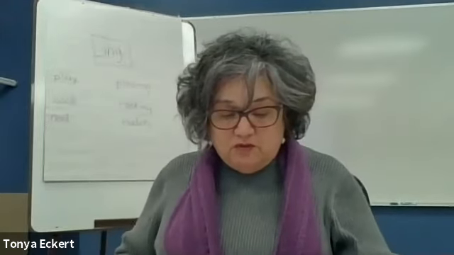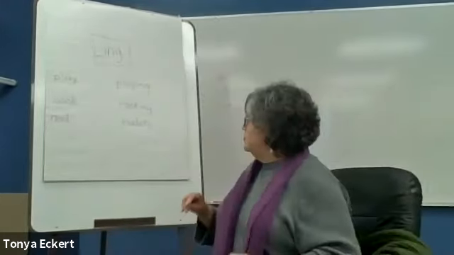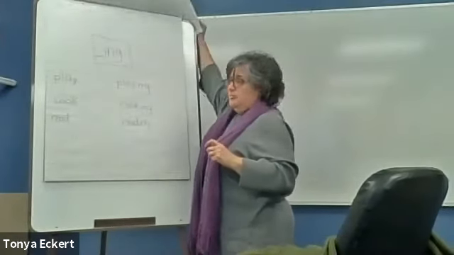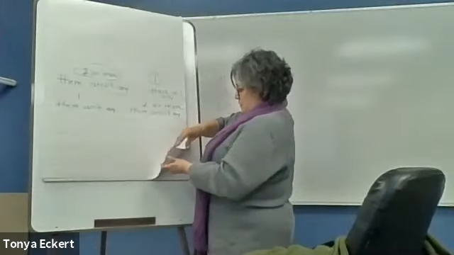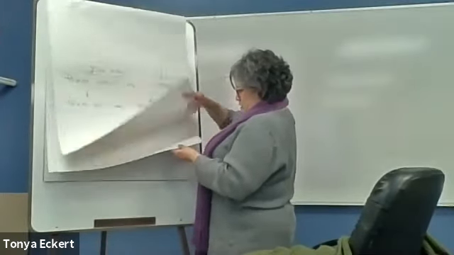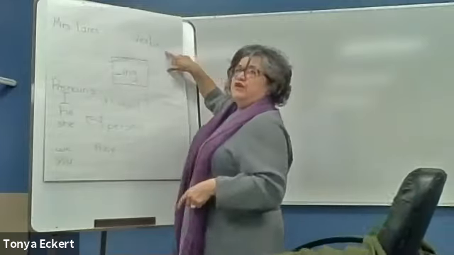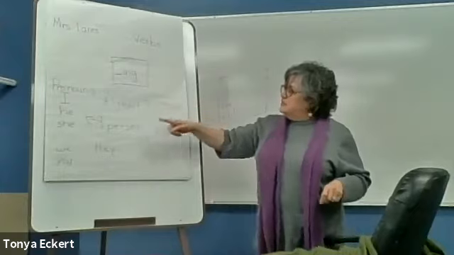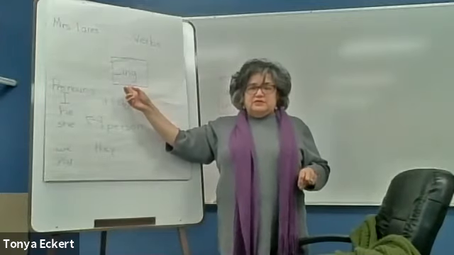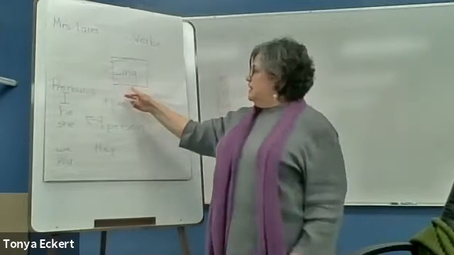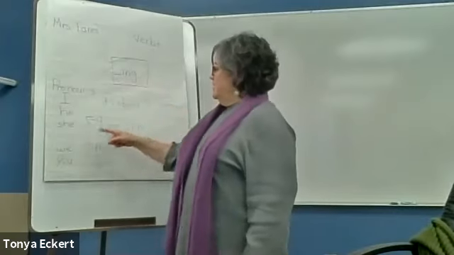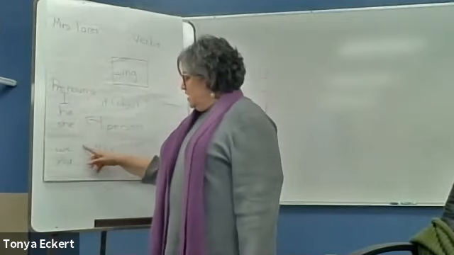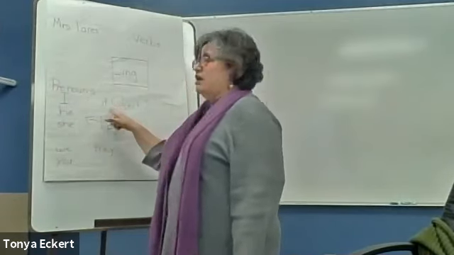Real quick before I go on, let me make a recap of what we're doing. We are on lesson 3. On lesson 3, we are working with verbs, and verbs are anything that we can do. It's an action. And the verbs we're working on are the ones that have the ing at the end. We're also working with pronouns: I, he, and she, and we, you, and they, and also it.